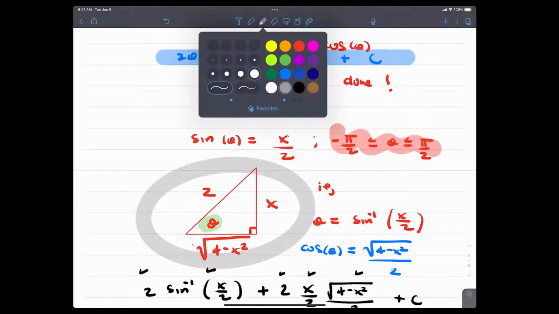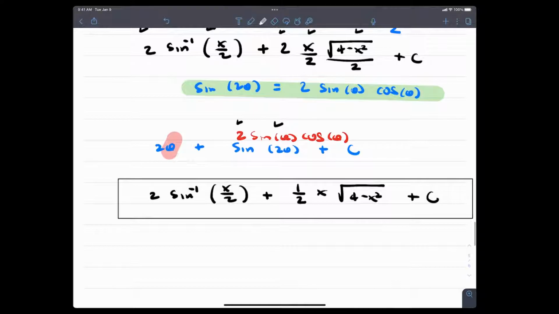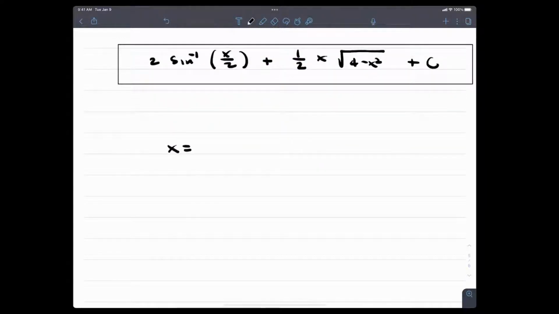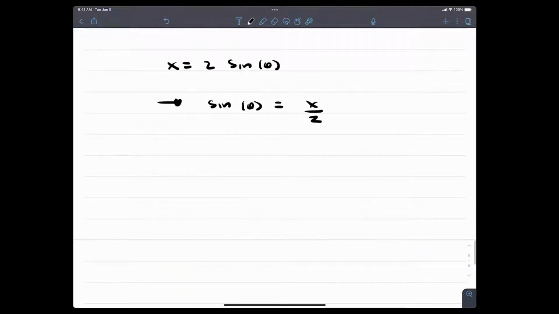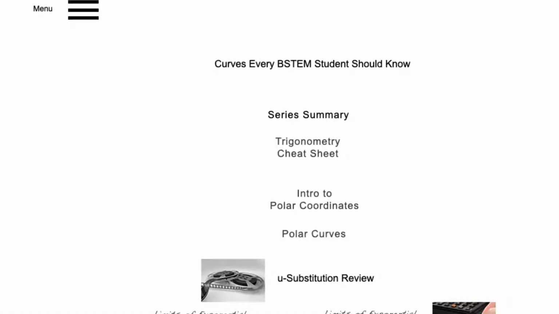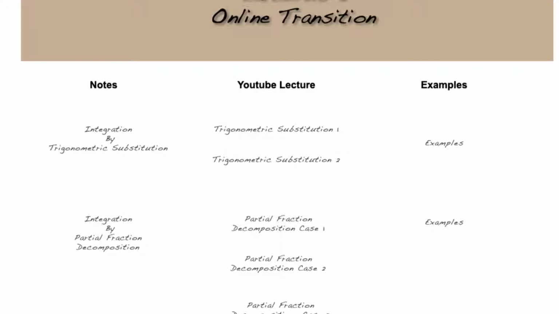This is your original substitution. Since x is 2 sine theta, what that implies then is that sine theta is going to be x over 2. So go back again to the online transition. Let's look at those notes again.